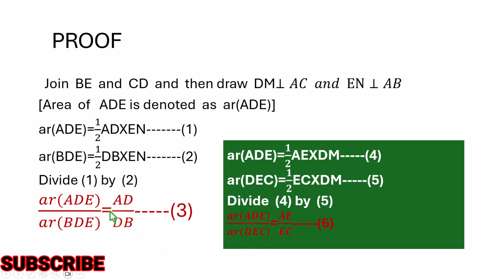The left-hand sides are equal, so the right-hand sides are also equal: AD by DB is equal to AE by EC.